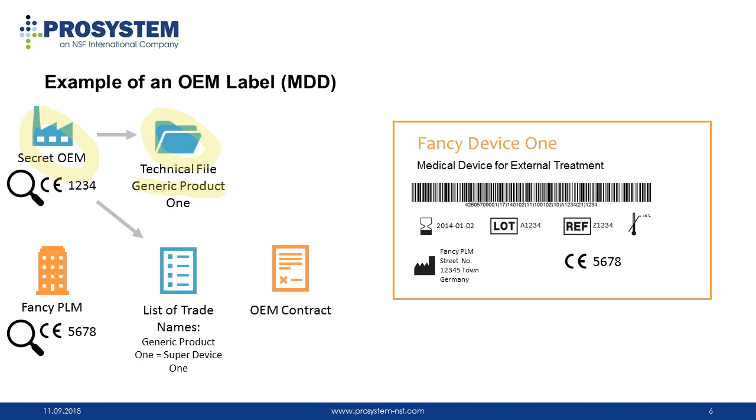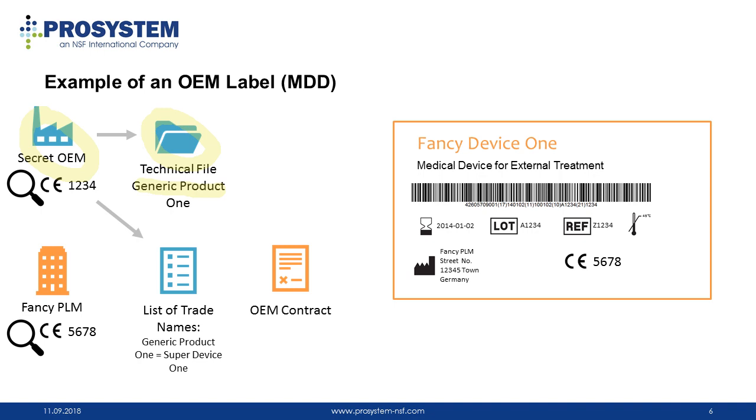But the product itself doesn't necessarily have to be sold by the OEM. It can only be registered, and this file has to be created, but this device itself doesn't have to be sold by the OEM.